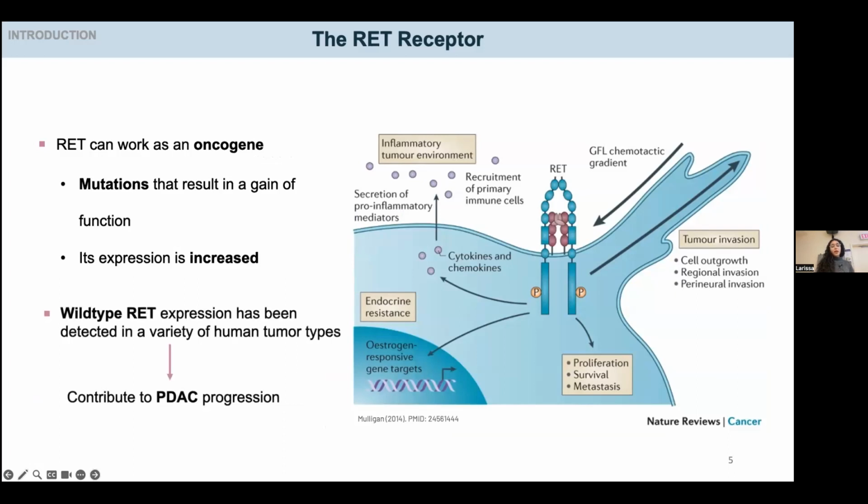As I mentioned before, increased expression of the wild type RET receptor has been observed in various human tumor types, including PDAC, where it plays a role in tumor progression. As shown in this figure, the activation of overexpressed RET plays a role in promoting tumor invasion, proliferation, survival, and also metastasis.